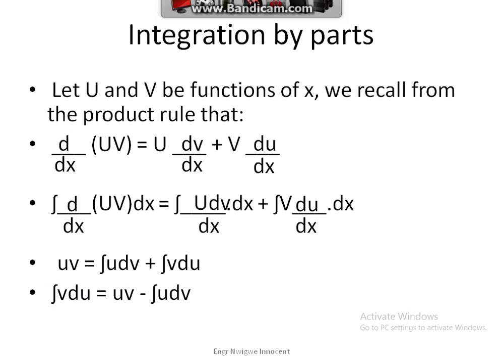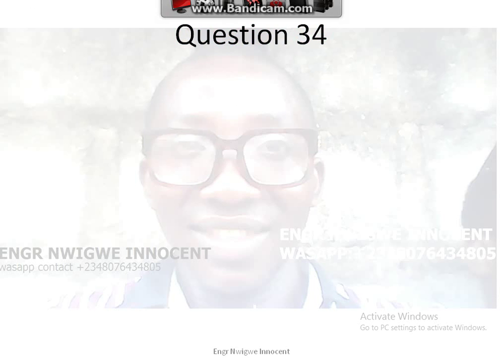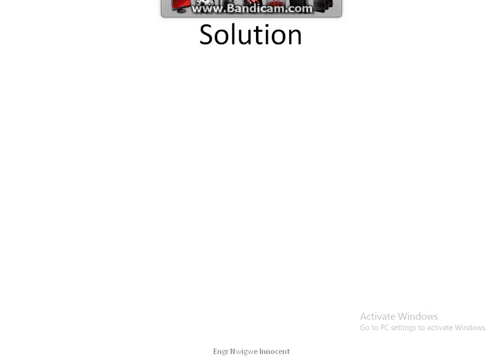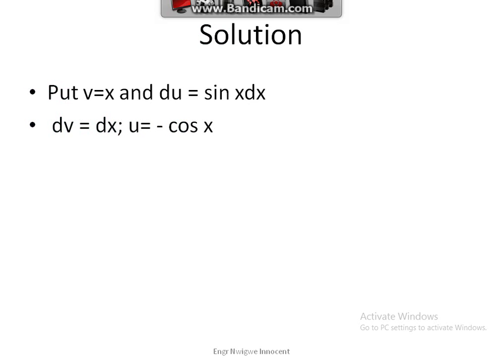Question 34. Evaluate the integral of s sin s ds. Solution. If we put v equals s and du equals sin s ds, then the differentiation dv over ds is equal to 1.